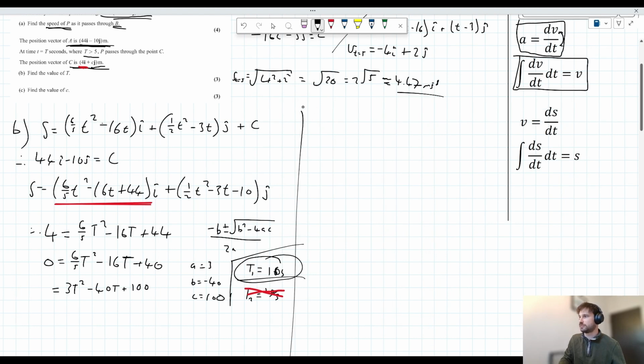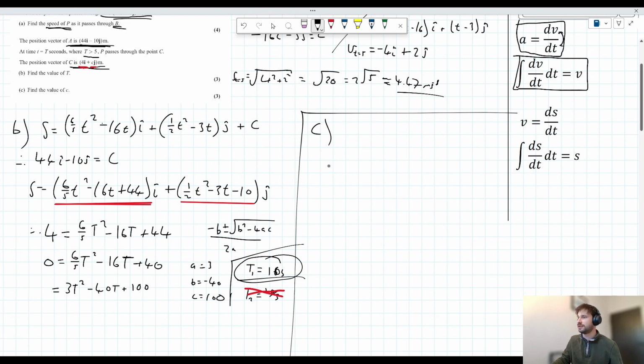Okay, let's move on to part C. Find the value of C. Well, note that as the particle is passing through point C, we can say that this coefficient here equates to our lowercase c. And we have the value of time at that point, right?